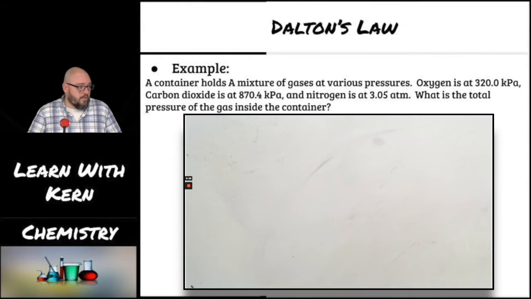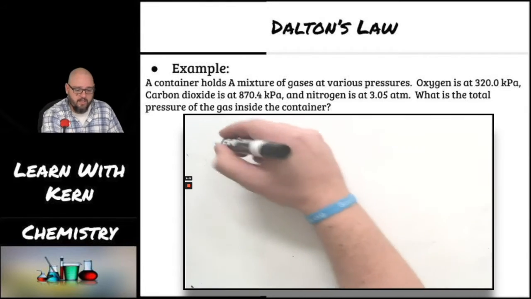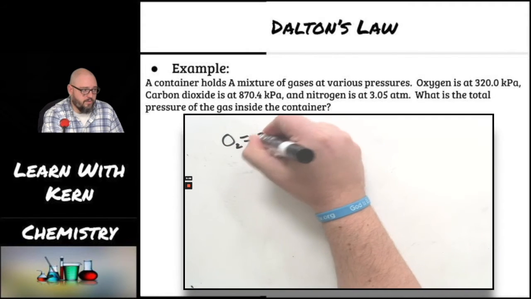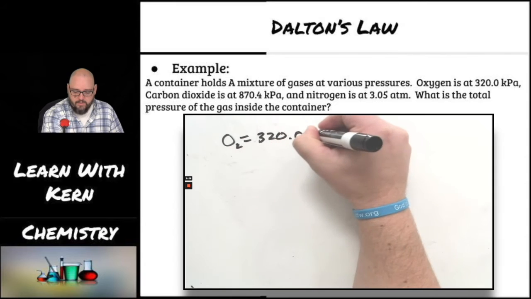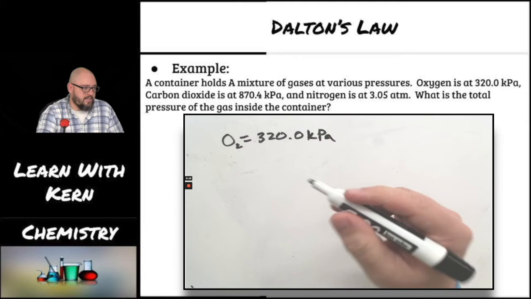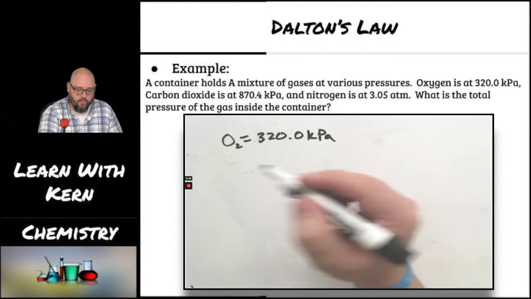All right, so a container holds a mixture of gases at various pressures. Oxygen is at 320.0 kPa. Carbon dioxide is at 870.4 kPa.